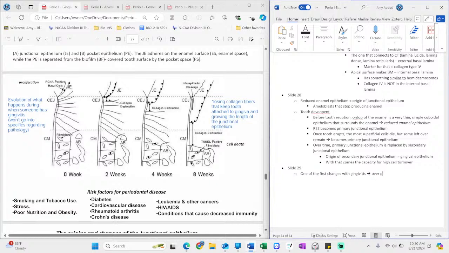And it's that proliferation of the junctional epithelium that is happening at the same time that the connective tissue is being destroyed by the bacteria causing the infection. That combination of connective tissue being destroyed and the capacity of high proliferation of the junctional epithelial cells is what makes the long junctional epithelium. Yes?